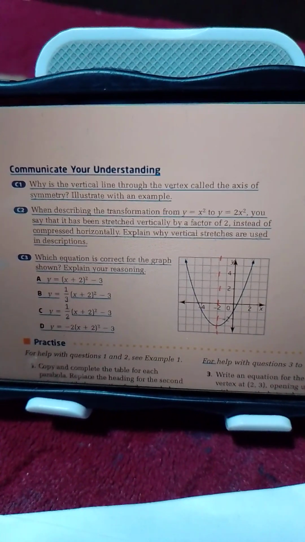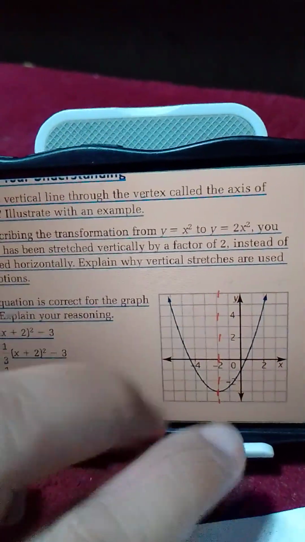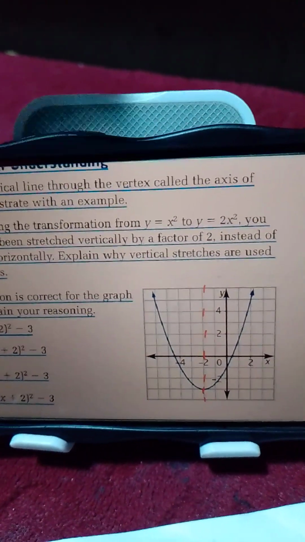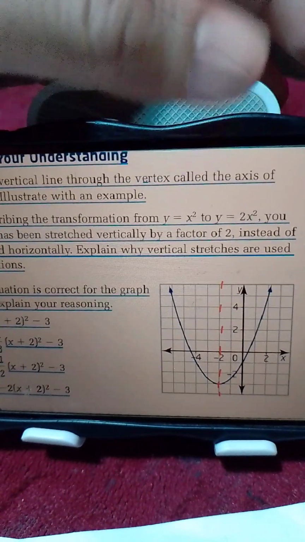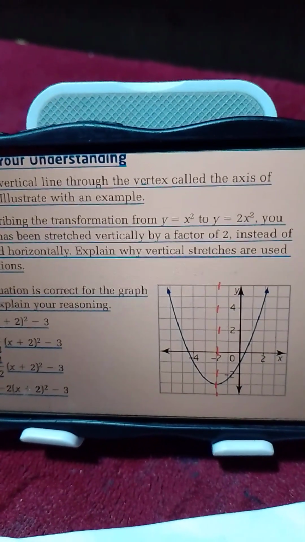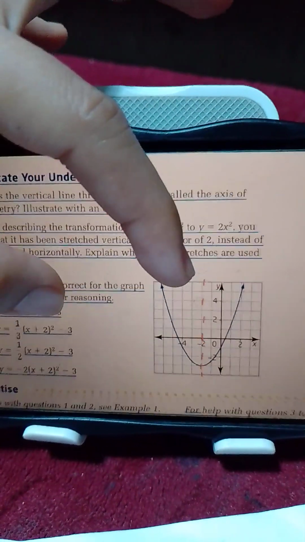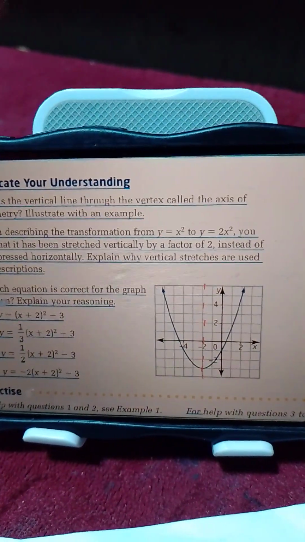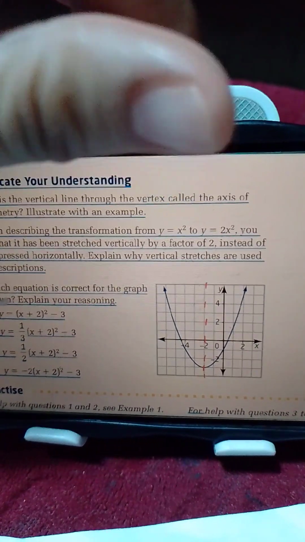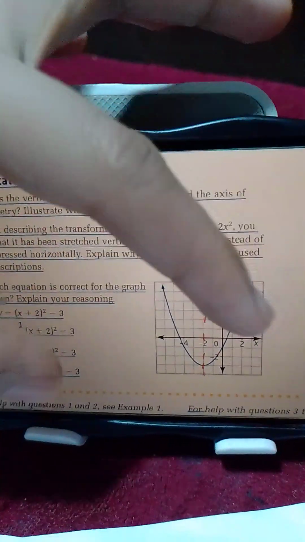It is important because we can identify how wide our parabola is. The value of y depends on our value of x, so when we change the value of x, the y will be affected.